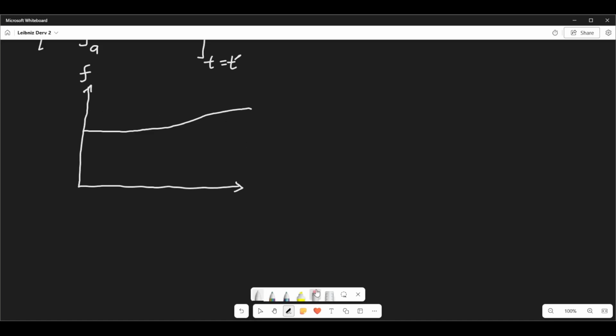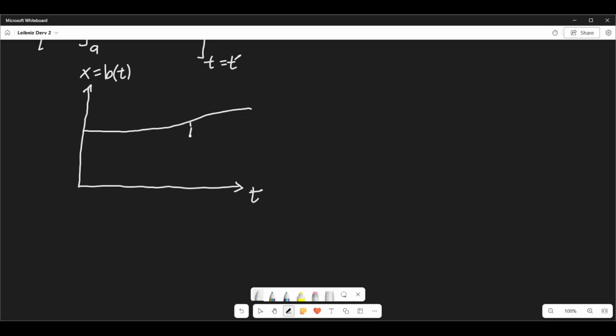Actually, I'm not plotting f. So what I'm going to do is actually plot the motion of the boundary. So this is x equals the boundary, that's a function of time. And this is time. So the boundary is actually moving in time.